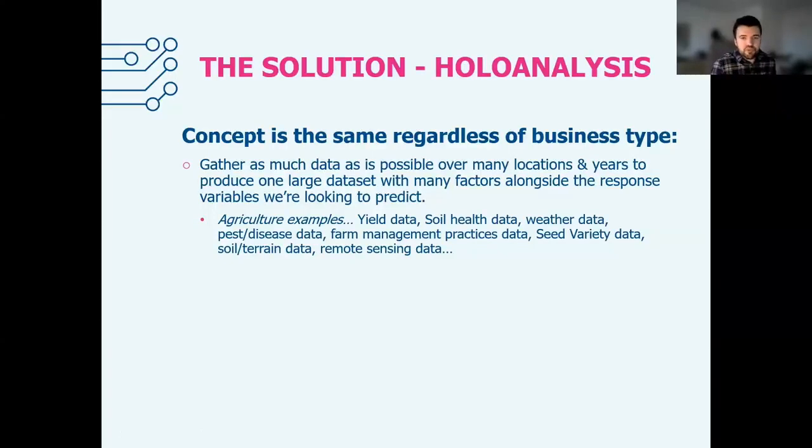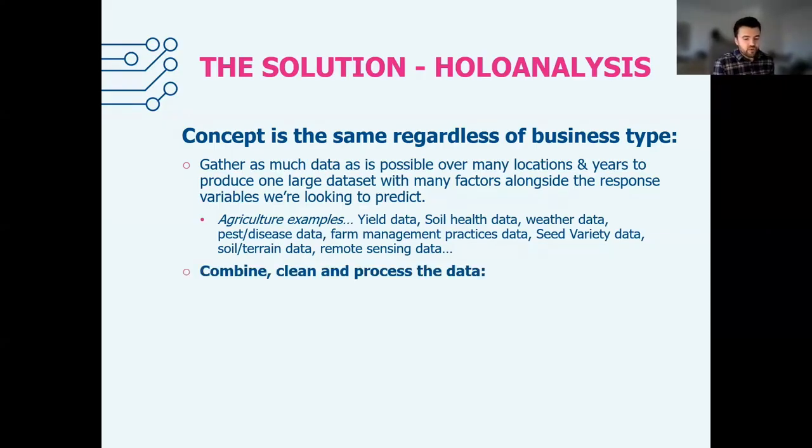So for agriculture, some examples are that you really need the yield data, ideally data on soil health, the weather, pest and disease, farm management practices, seed variety, soil, terrain data, remote sensing data, et cetera. The more data you have and the better quality this data is, the more accurately you can predict your yield, and the more variation in yield you can accurately assign to one of these factors, and therefore the more variation you can discern between these variables.